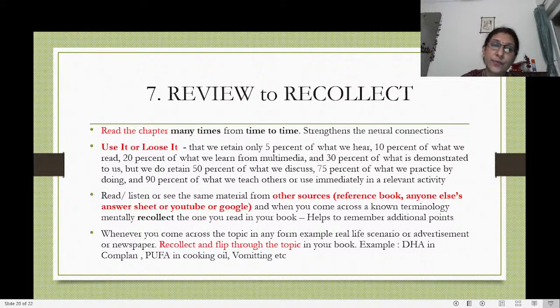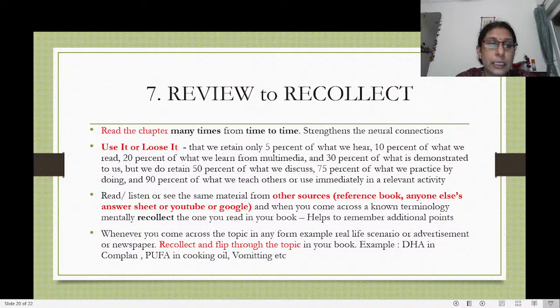It stands for dehydroascorbic acid, which is one of the 39 vital nutrients which are present in Complan, and this actually helps in mental alertness and development of the brain. So whenever you see a Complan box and you see this word DHA, just go back and read the expansion, read why it is required. So then you don't really have to memorize this, it will automatically get into your mind.